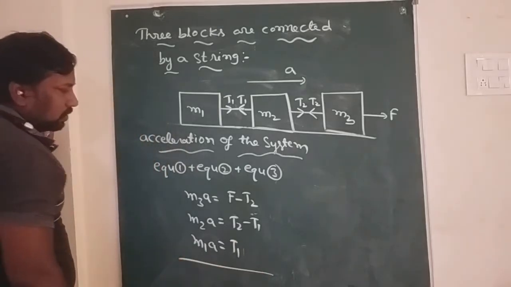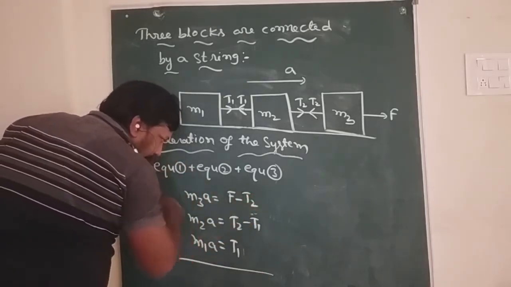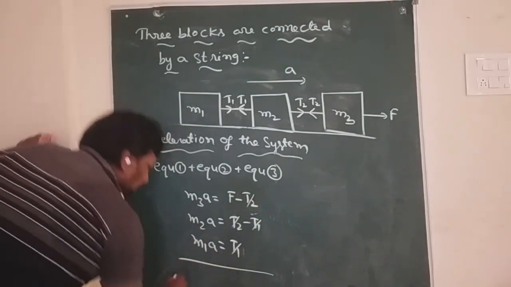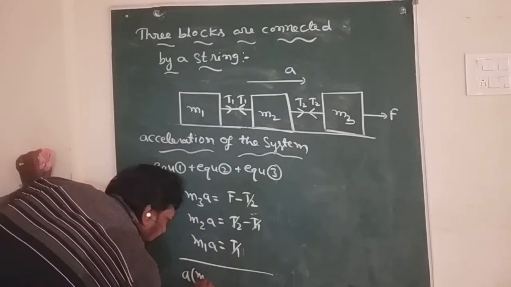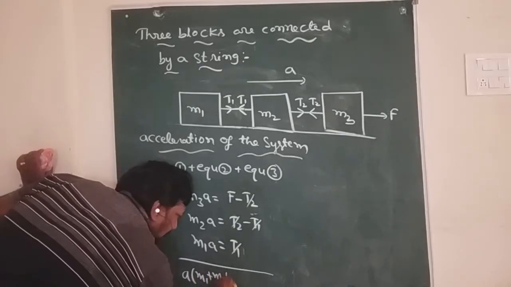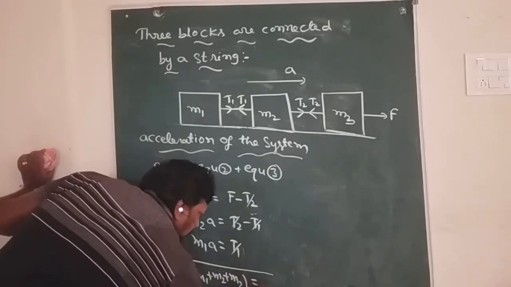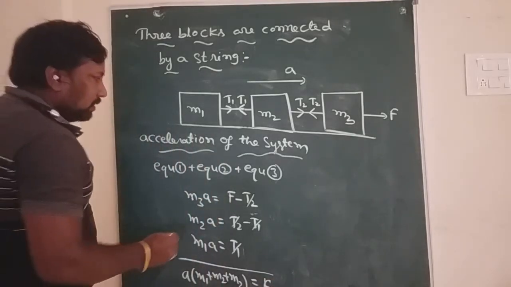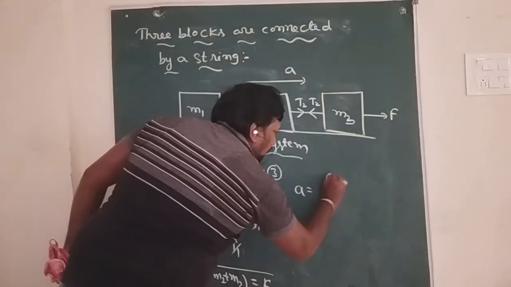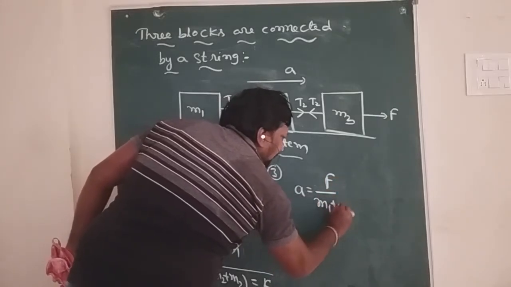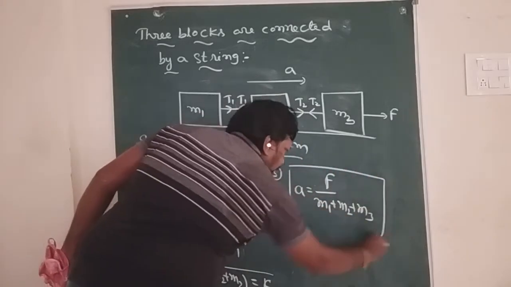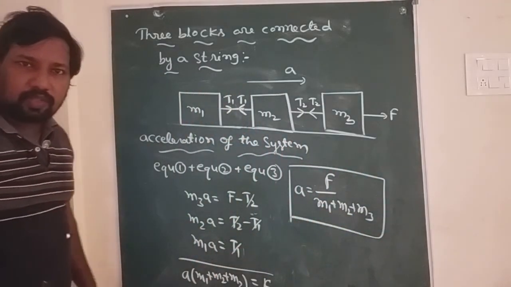Adding these equations, minus T2 plus T2 minus T1 plus T1 cancel. Therefore A into M1 plus M2 plus M3 is equal to F. Now the acceleration of the system A equal to F by M1 plus M2 plus M3. This is the acceleration of the system.